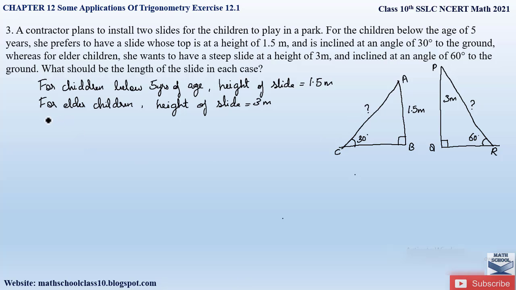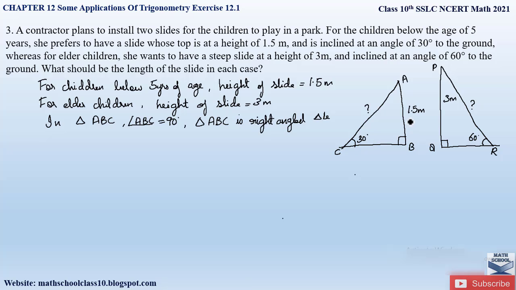Let us write down: in triangle ABC, angle ABC is equal to 90 degree. Therefore, triangle ABC is a right angle triangle. Right? Since this is a right angle triangle, again we have one acute angle given and one side given.